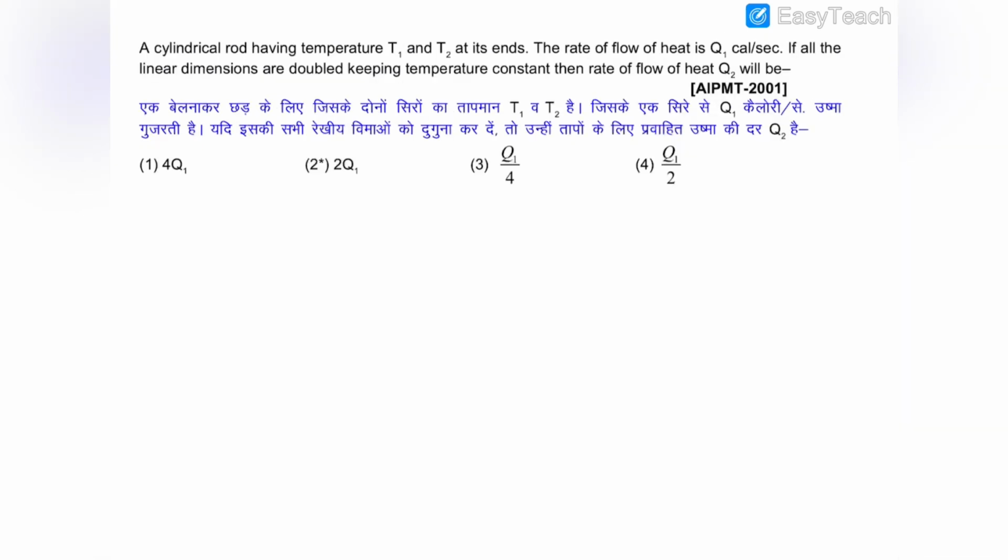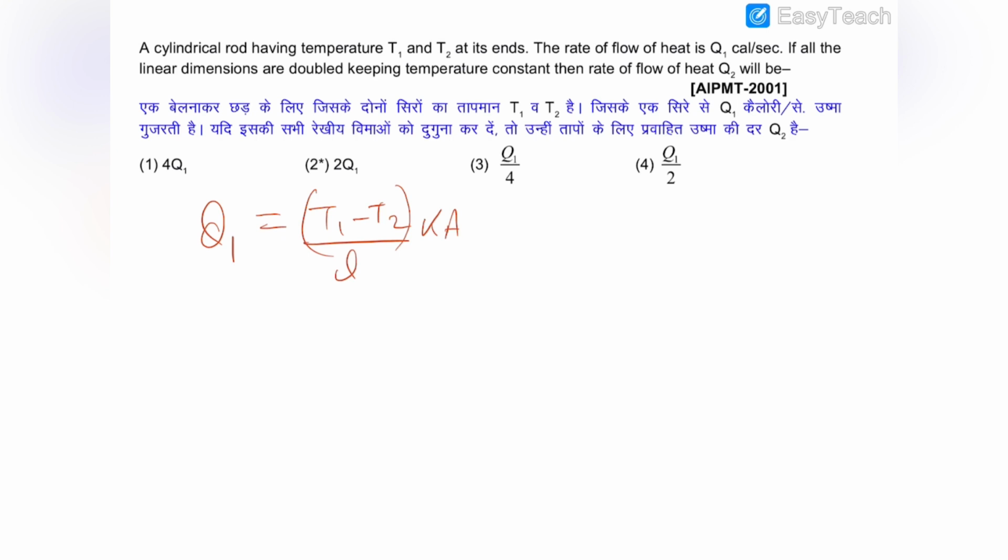In this question you can see that a cylindrical rod has temperatures of T1 and T2 at its ends, and it is given that the rate of heat flow is Q1. Now if we double all the linear dimensions, then what will be the rate of heat flow? So we know that the rate of heat flow is (T1 minus T2) divided by R, which is L by KA.